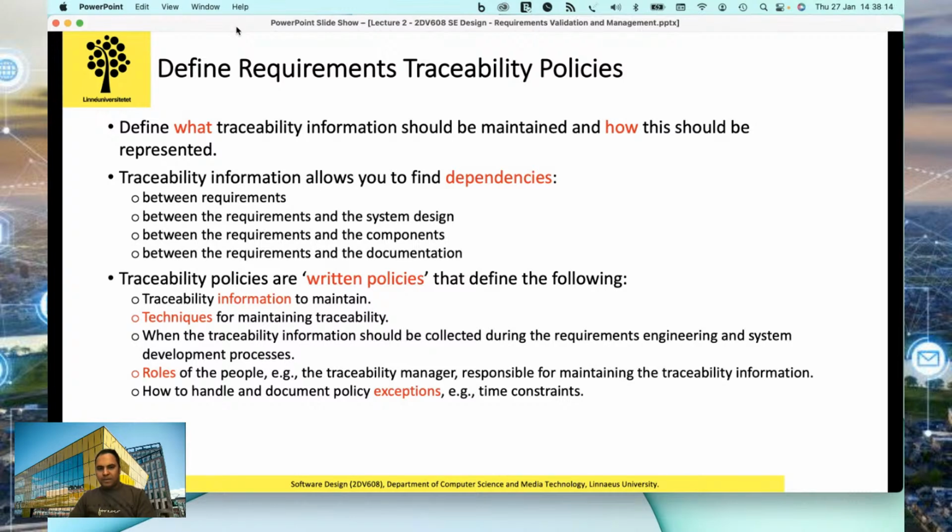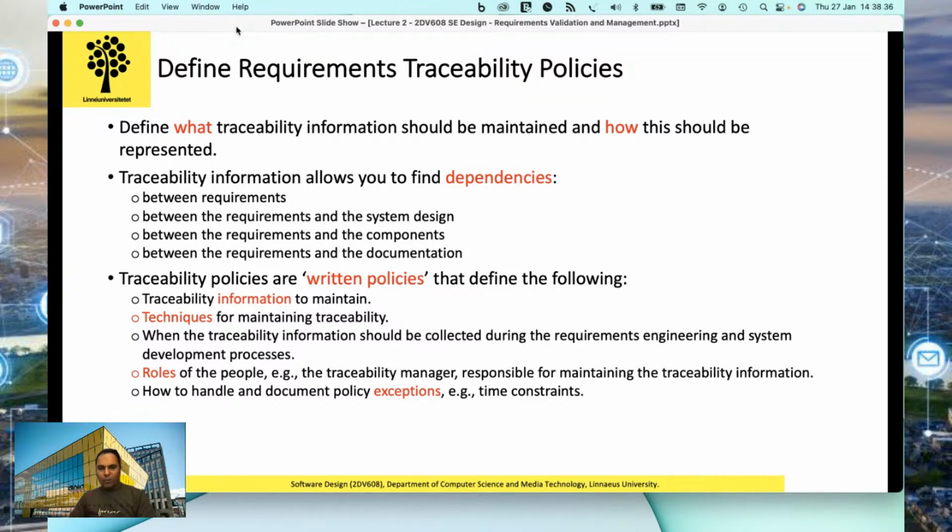And in that policy, we first of all need to define what information we want to maintain, and then what techniques we want to use to maintain that traceability, because there are many different techniques. I think I will introduce two of them in the next slides.